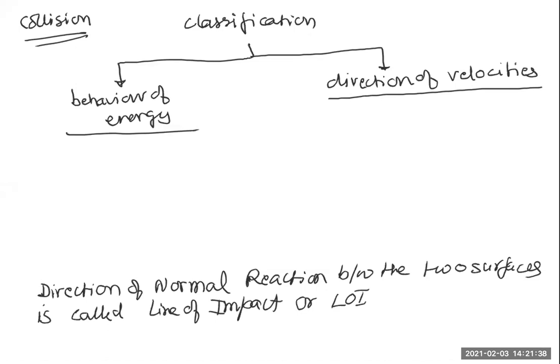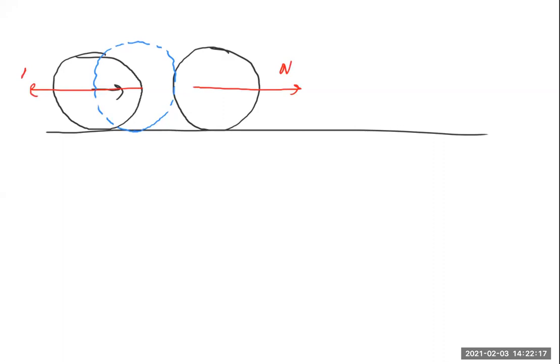So we will define something called the line of impact as the direction of normal reaction between the two colliding objects. For example, supposing we have a billiard ball moving with some velocity and it is hitting another billiard ball which is kept stationary, right? Then what is going to happen is that this billiard ball on the left is going to come into contact with the billiard ball on the right, and it is going to apply a normal reaction on this ball, and this ball will apply a normal reaction on this ball.